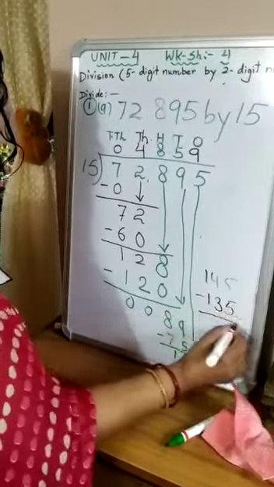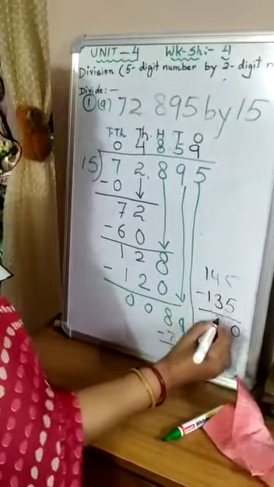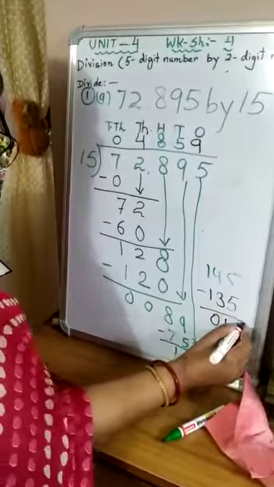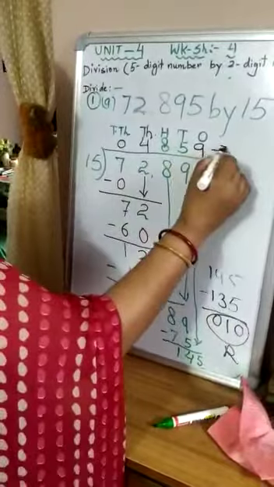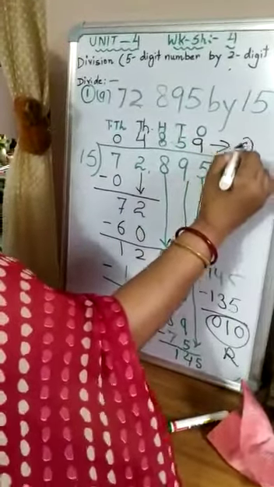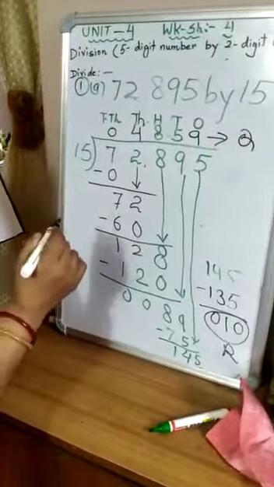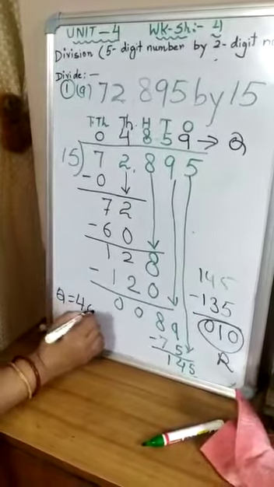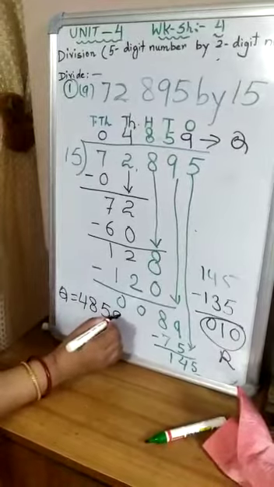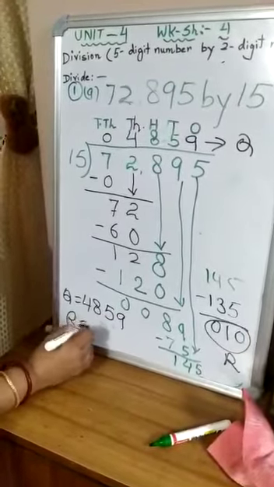So I will do subtraction. 5 minus 5 is 0. 4 minus 3 is 1. 1 minus 1 is 0. So this 10 is the remainder, and 4859 is the quotient. Right. So you have to write down the quotient 4859 and remainder is 10.